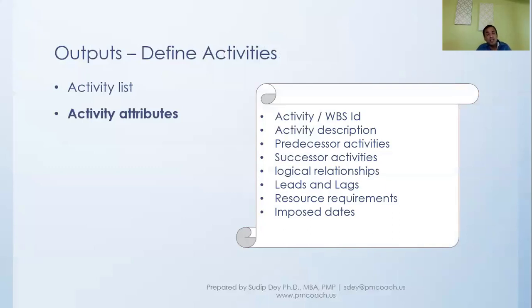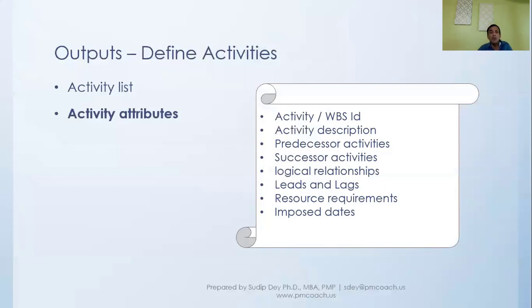We'll also talk about whether there are any imposed dates. When we are scheduling, a lot of times you'll find there are some activities where there are imposed dates, meaning we might say that this particular activity cannot start before this date for whatever reason, or has to finish by that particular date.